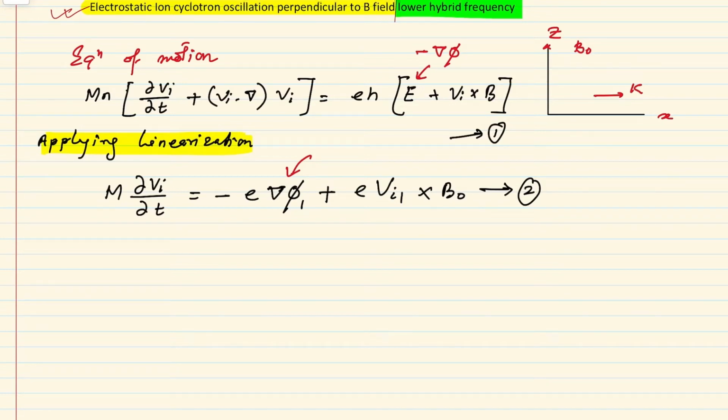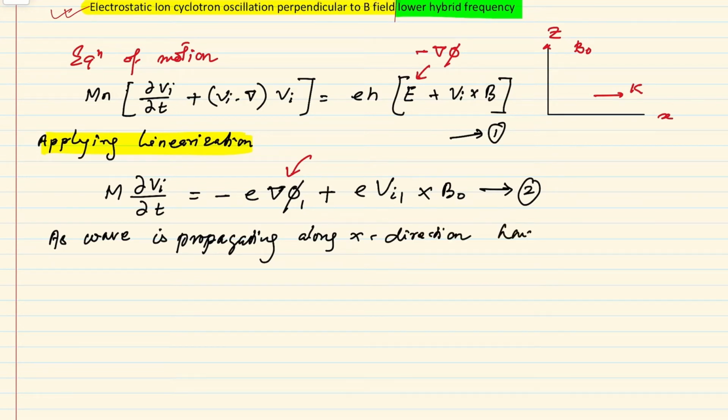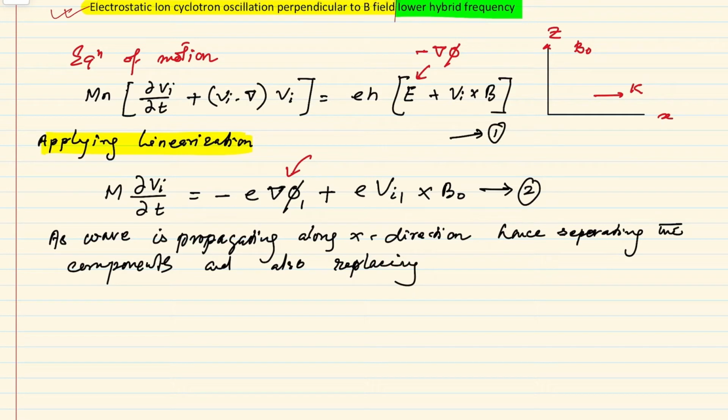As the wave is propagating along the x direction, we separate the components, and replace del by del t with minus i omega and del by del x with ik.